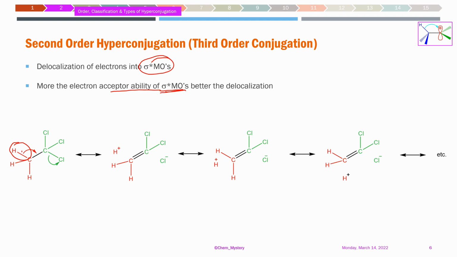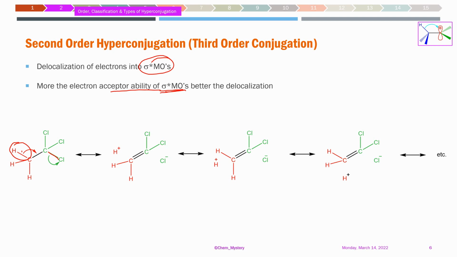Because carbon chlorine has a relatively greater electron withdrawing nature, just like the bonding molecular orbital electrons are more towards chlorine, the antibonding molecular orbital will have much more tendency to receive the electron. That is what we are saying.